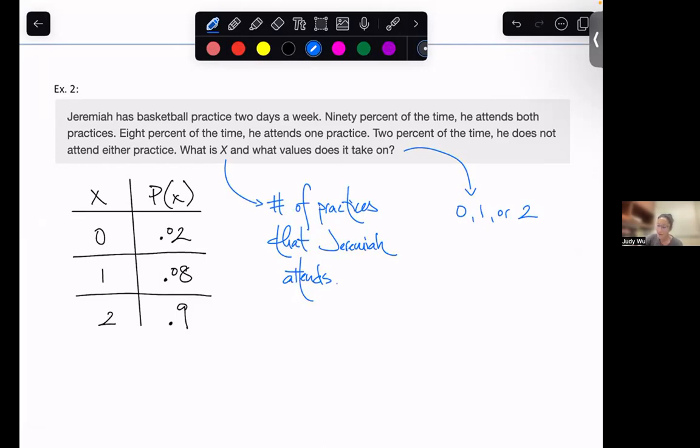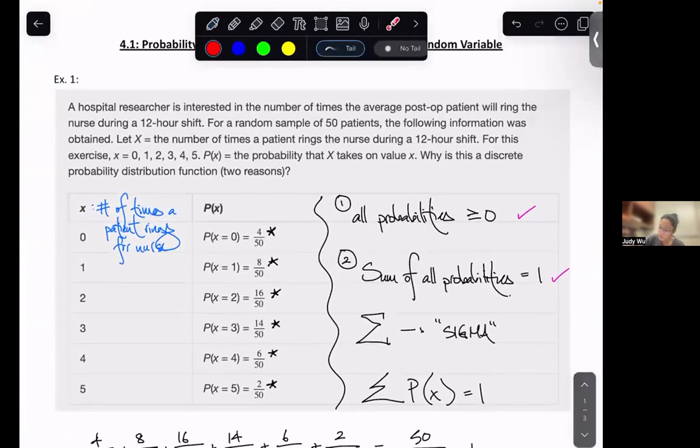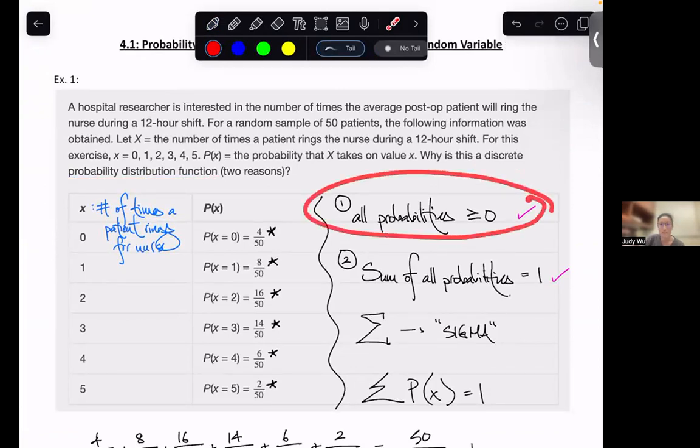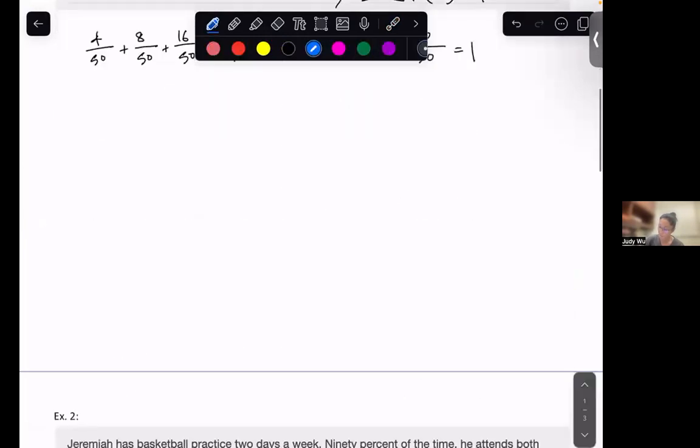Okay? Now, if we wanted to double check that this is indeed a discrete situation, right? Like if we go back up here, we want to make sure that this is a discrete probability distribution function. Are all the probabilities greater than or equal to 0? And do they all add up to 1? Well, let's check.